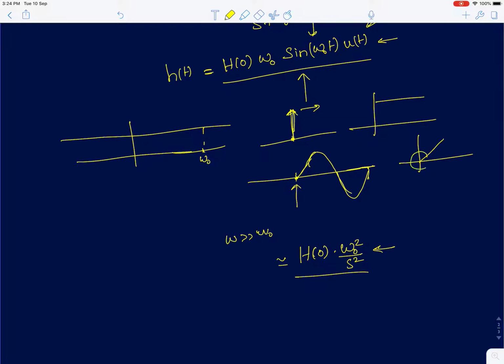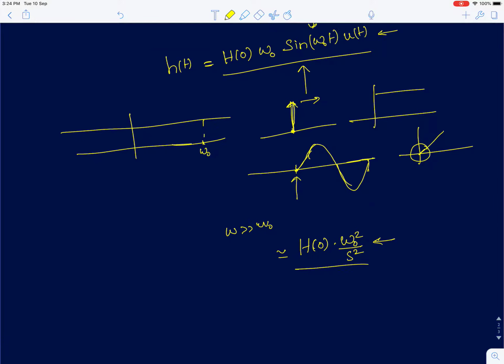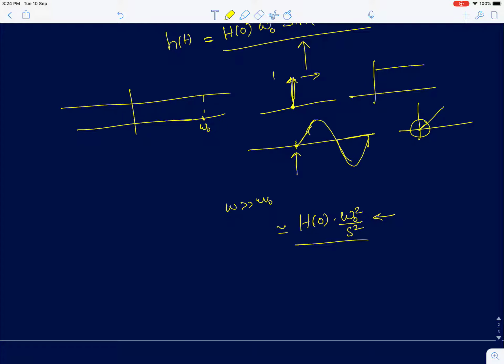So at t equal to 0, I'm analyzing this at the instant you applied the input. When you apply an impulse, it's going to behave like a second order integrator, and the gain of the integrator will be h of 0 into omega naught square. So if I apply a unit impulse, you should get h of 0 omega naught square t into u of t after two integrations.